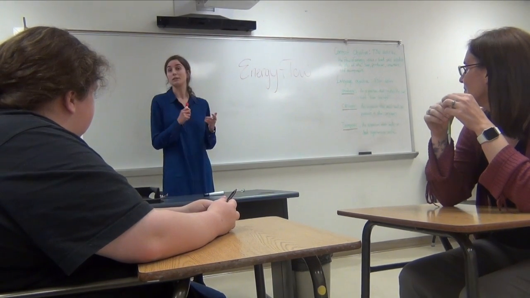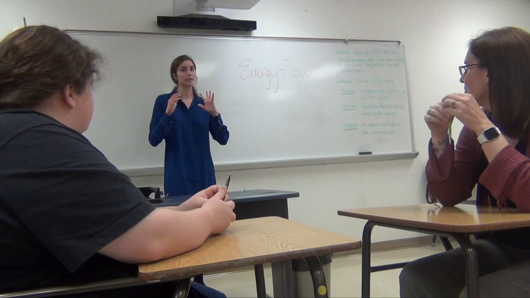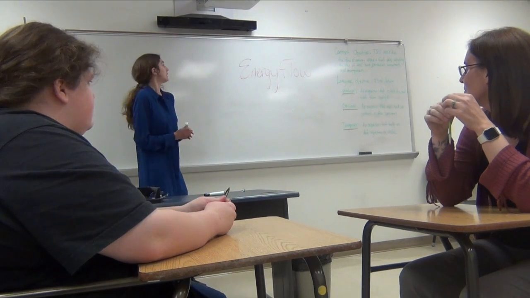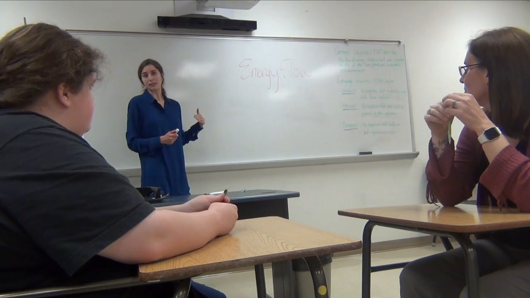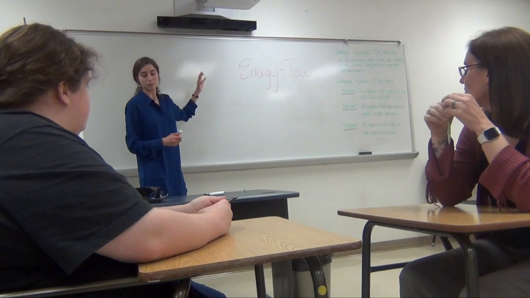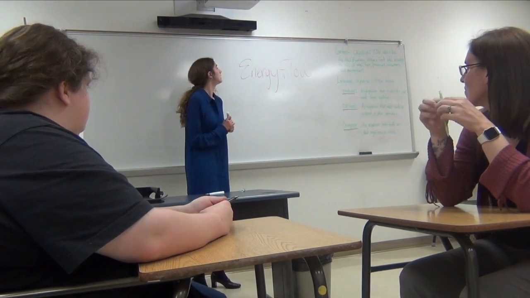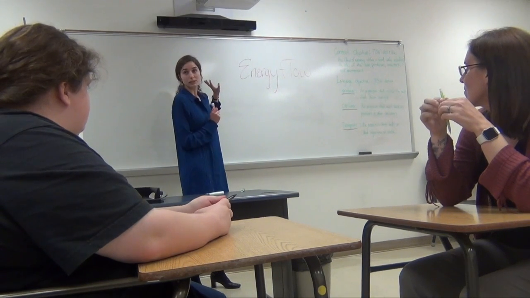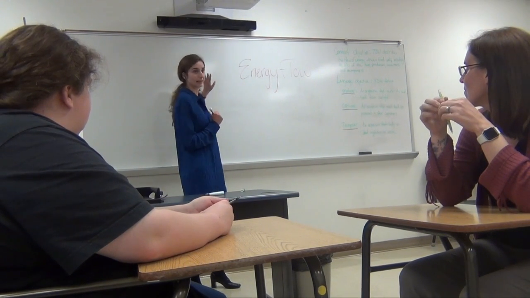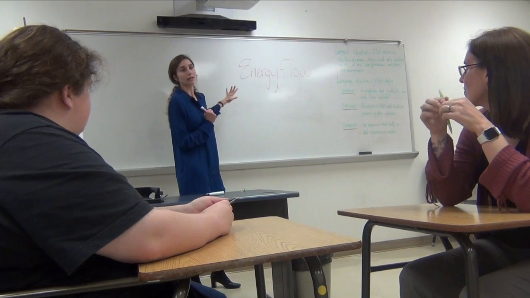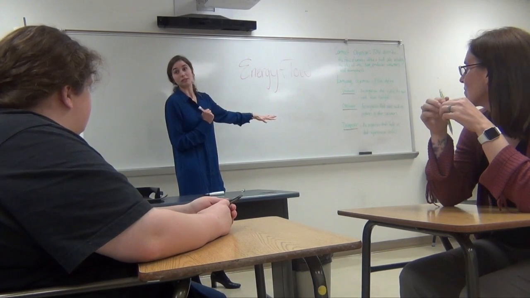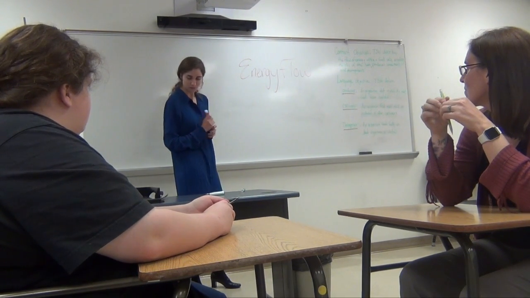Organisms can be plants and animals, just any living thing. And today we're going to talk about how they get their energy. There is a scheme that starts with the sun. The sun is the primary source of energy, and there is a web of how that flows through all the living organisms on Earth.